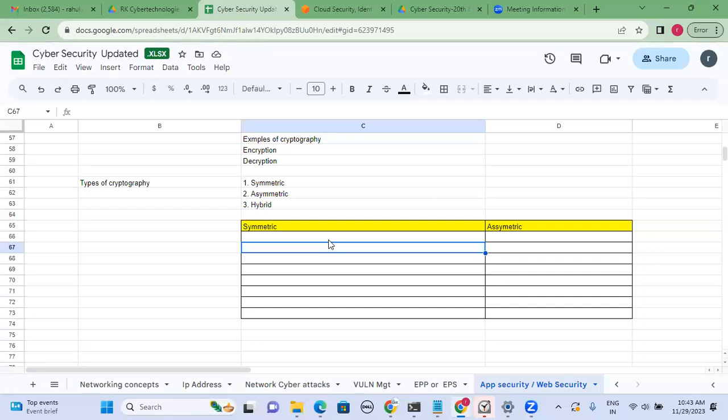Now, what is the symmetric key definition? If the same key is used for both encryption and decryption, it is called symmetric cryptography.